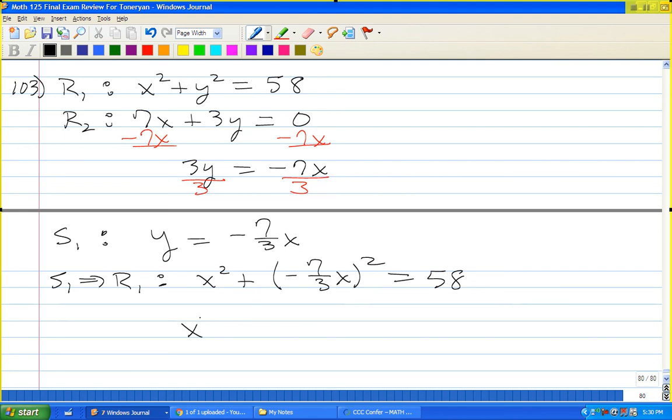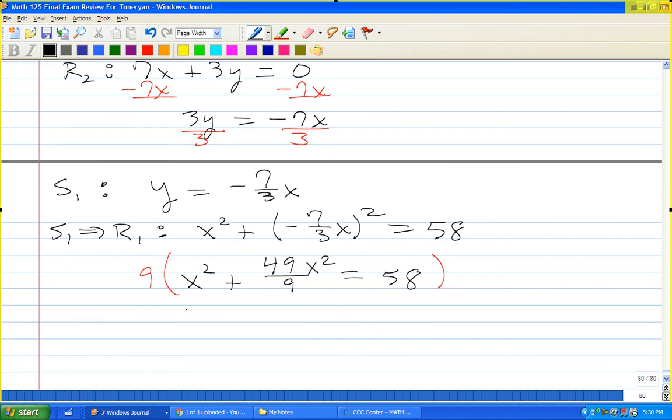And so this is x squared plus negative 7 squared is 49, 3 squared is 9. Let me multiply both sides of my equation by 9 to get rid of the denominator. And so I get 9x squared plus 49x squared is equal to 9 times 58, 522.